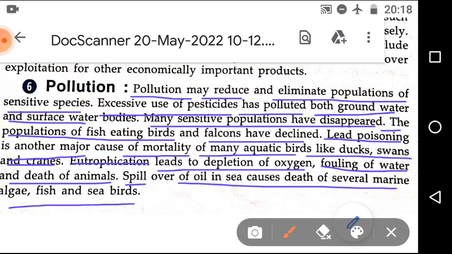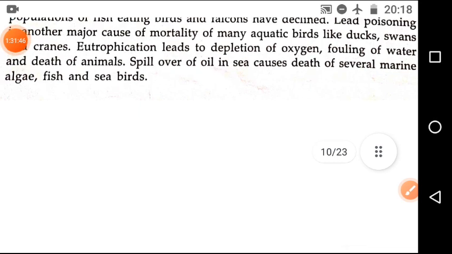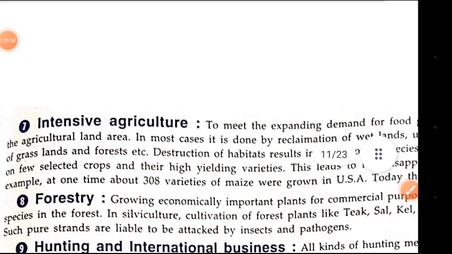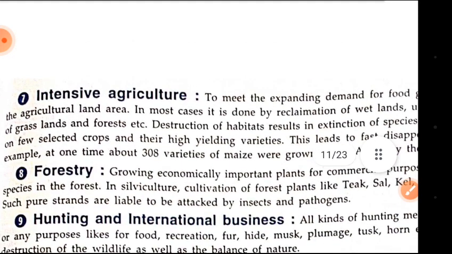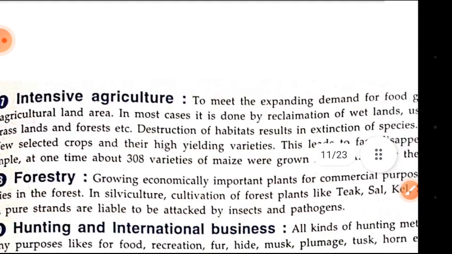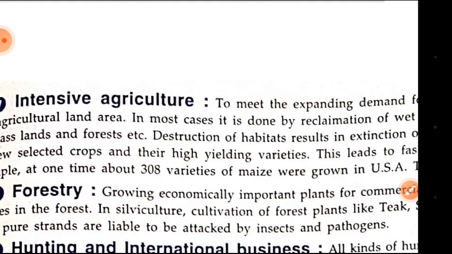Well, I have said many things here. I think there are 4 more points, sorry. Intensive agriculture, that means to meet our demands, we are using such practices in agriculture which cause loss of biodiversity.